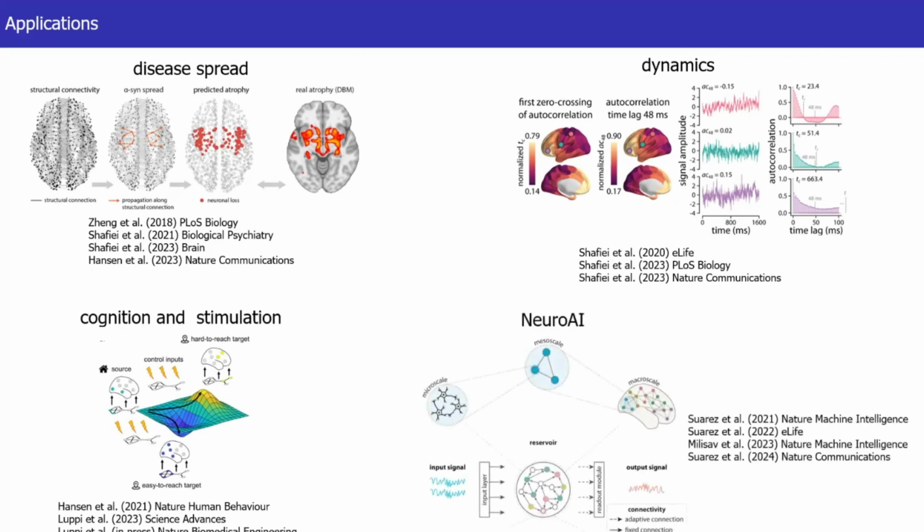And finally, we've also done a lot of work looking at how you can take biologically derived connection patterns, implement those as artificial neural networks, and ask what the cognitive and computational consequences are if we have inter-individual differences in brain connectivity or other local biological features.